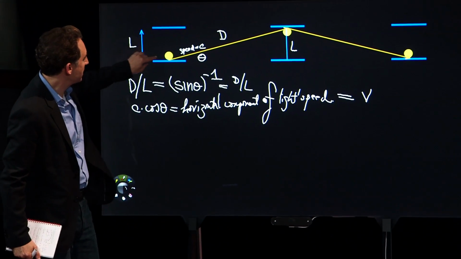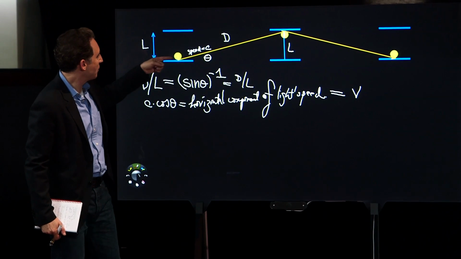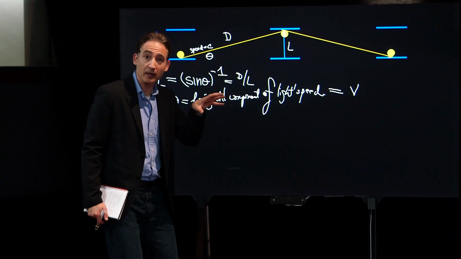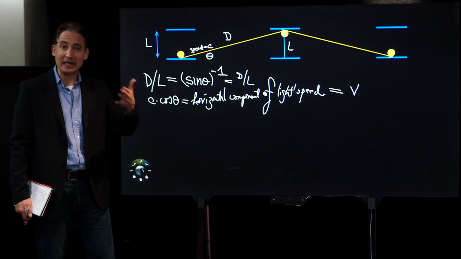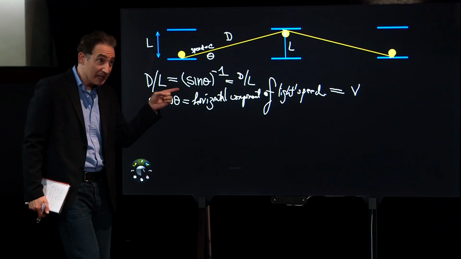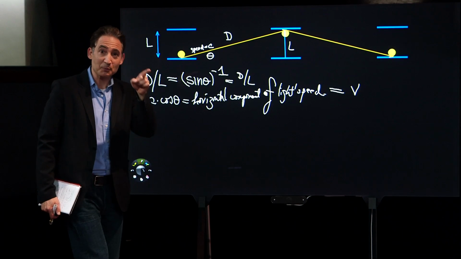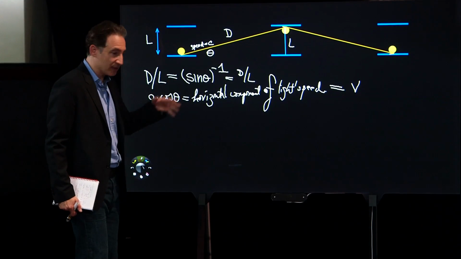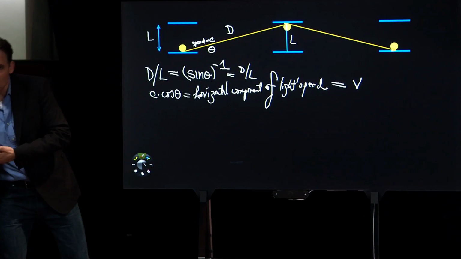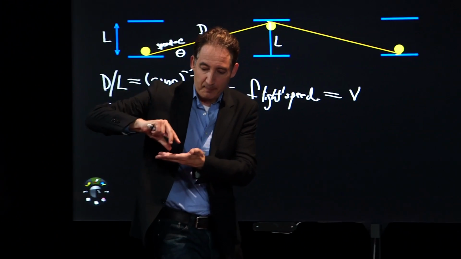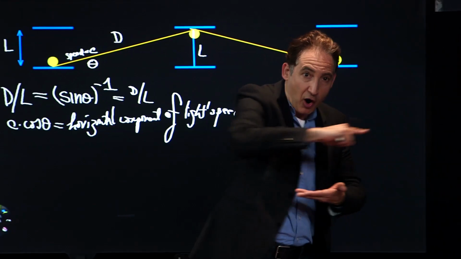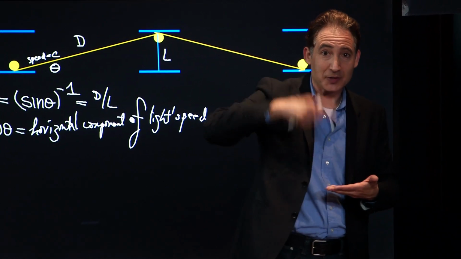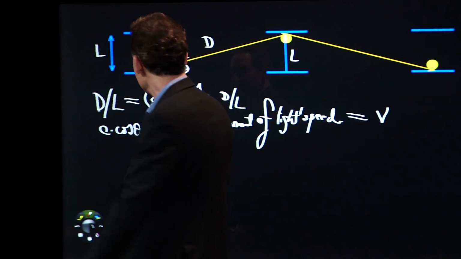Because that's the only velocity for which the ball of light will keep perfect pace with the moving clock, which we know it must, because the stationary person sees the clock moving, but the person moving with the clock sees the clock not moving at all. Therefore from their point of view, the ball of light must be moving in the horizontal direction at exactly the speed of the clock to keep pace with it. That ensures that the ball will go up and down, as we know that it does.